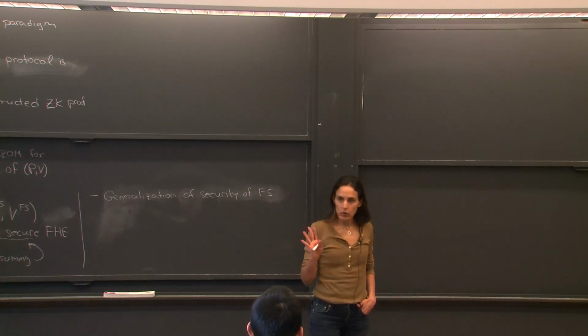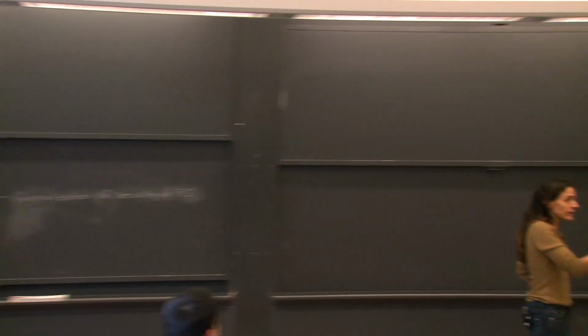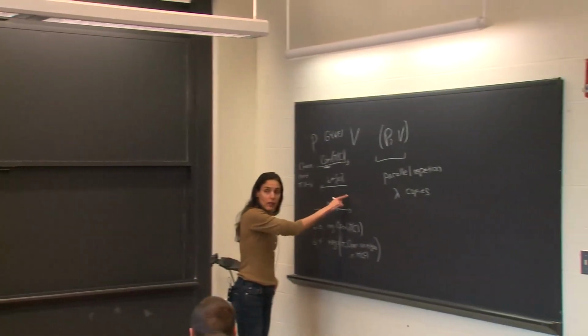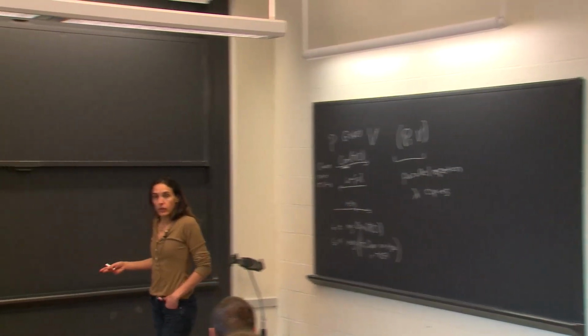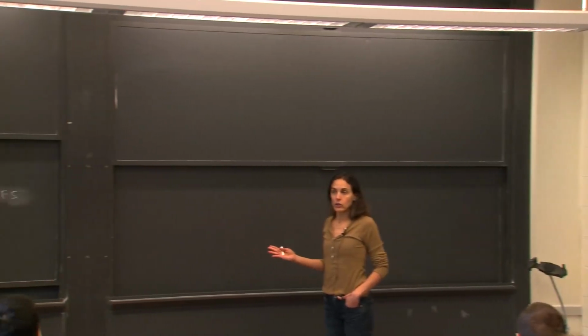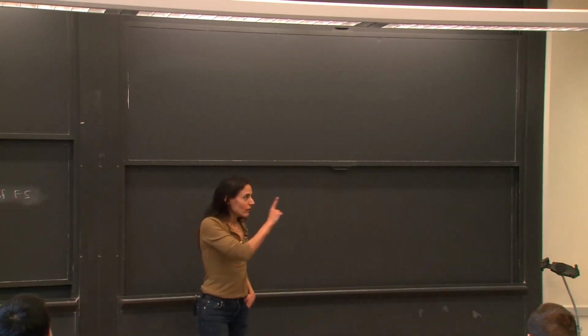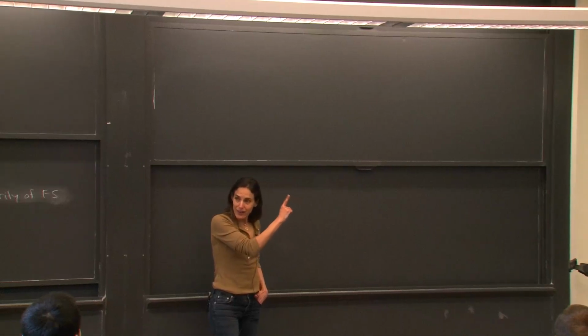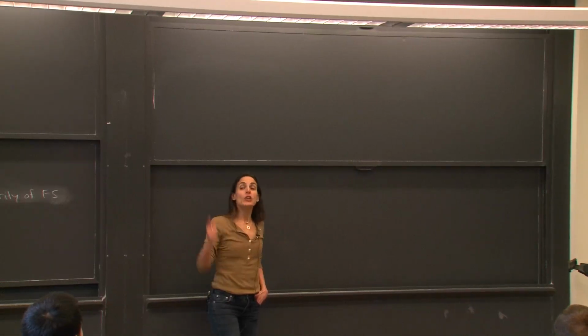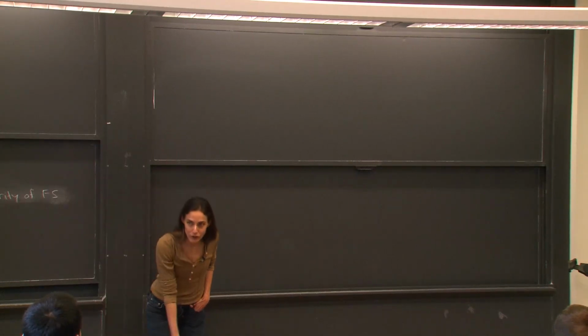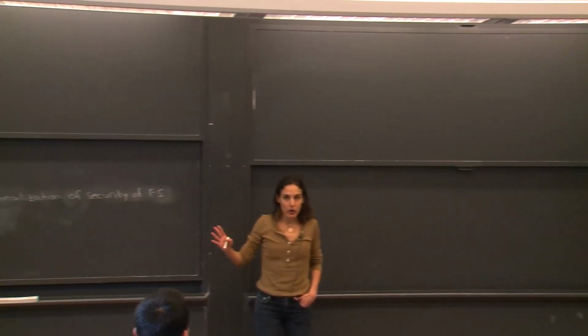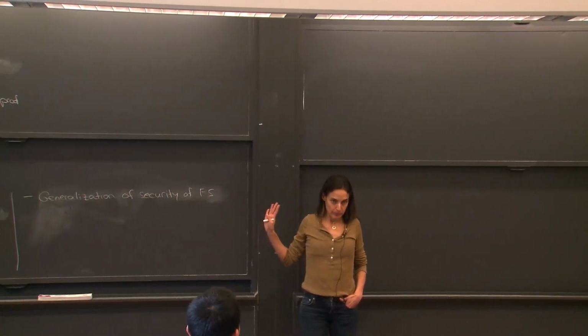So first of all, indeed, I have no reason to believe that when you repeat this protocol in parallel, it's zero knowledge. We know that it's zero knowledge without parallel repetition. We know that it's zero knowledge if you repeat it sequentially. If you repeat it in parallel, we don't know that it's zero knowledge anymore.